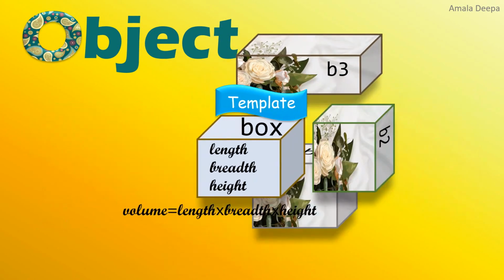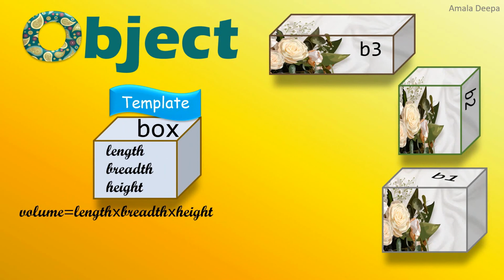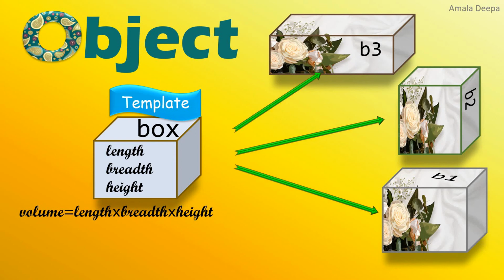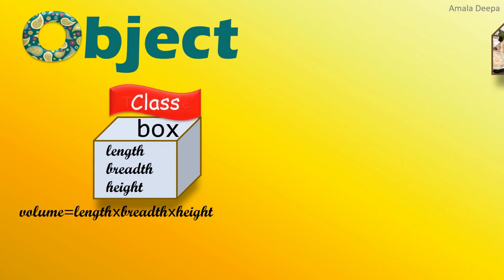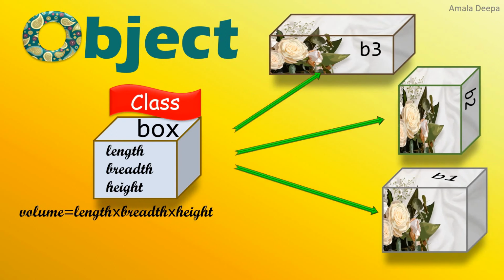Now we can say that from this template box only we are creating objects B1, B2, B3. In object-oriented programming, template is called class. And from this class box, objects are created.